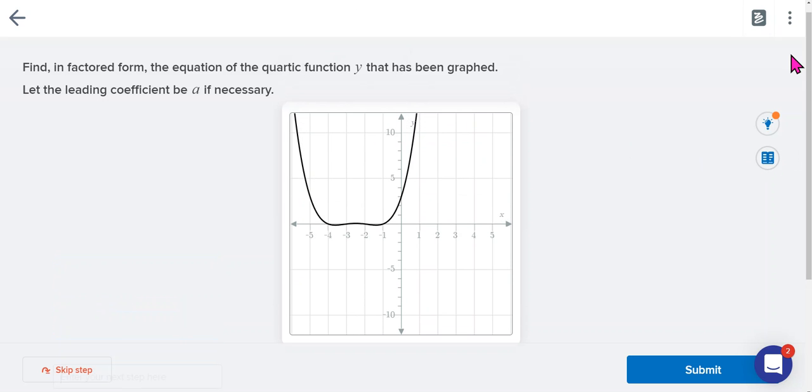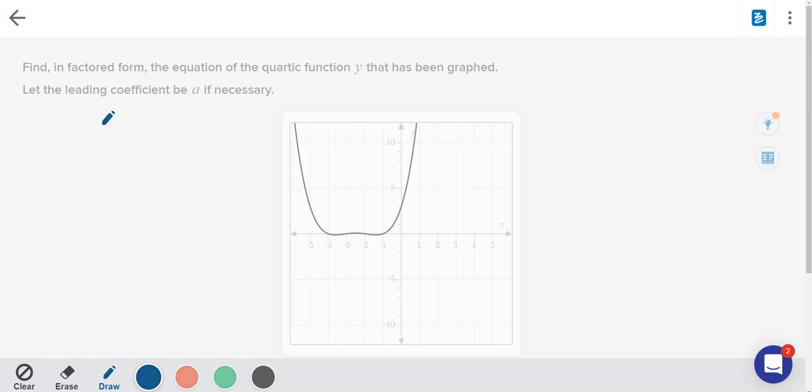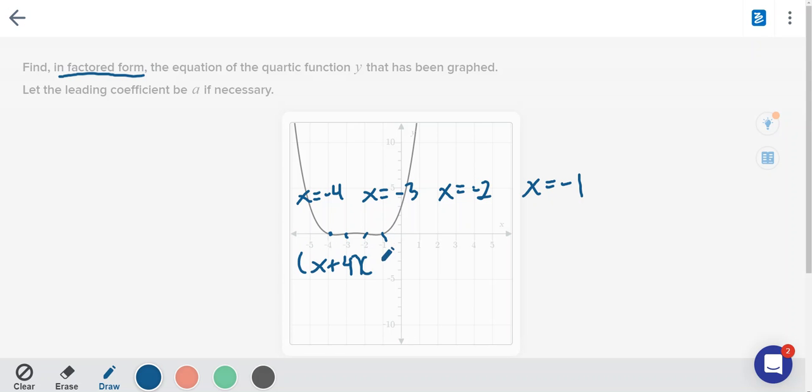Okay, starting to put things together here. It wants me to write the equation in factored form. And here it says x equals -4, x equals -3. And I know from my studies that x-intercepts connect to factors.